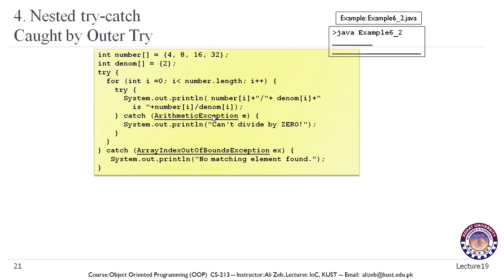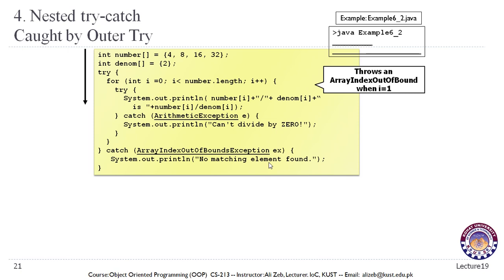But when I is equal to 1, the element at index 1 in the number array is 8, but there is no index position 1 in our denom array. So we have run out of indexes in this second array, and that is where the array index out of bounds exception should be generated, and that exception will be handled by our outer try block.